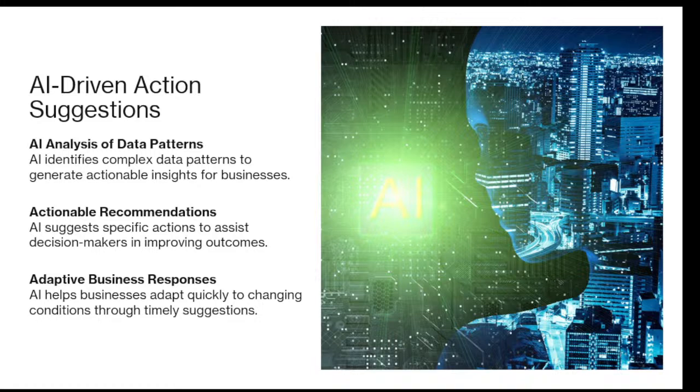Identifies complex data patterns to generate actionable insights for businesses. Keyword actionable. So whether that's using certain data from sales, combining it with customer sentiment, what do those look like? How would it use that kind of data to make some kind of complex decision?